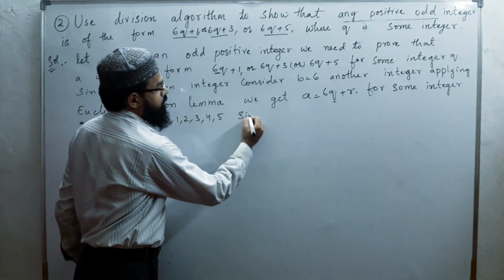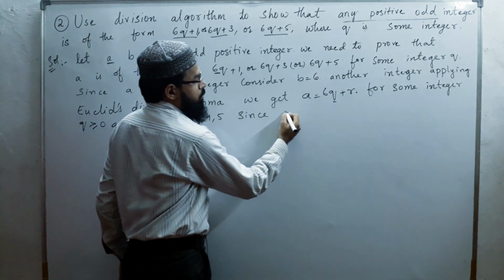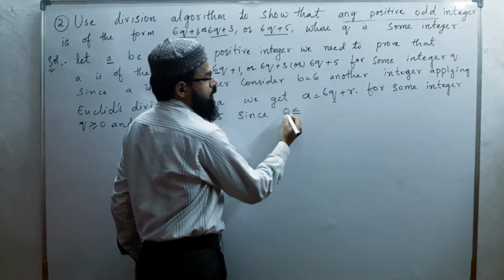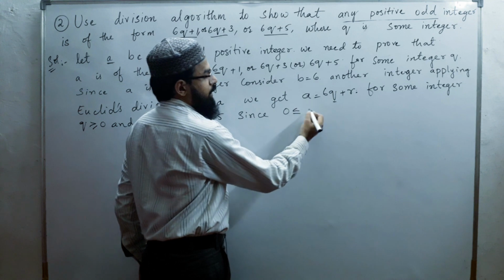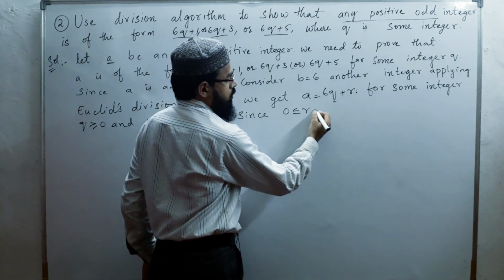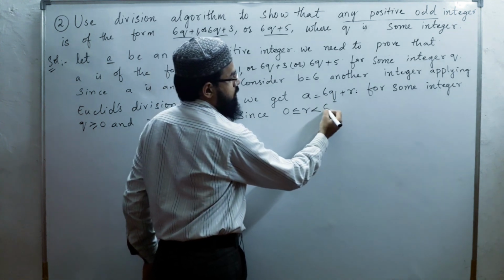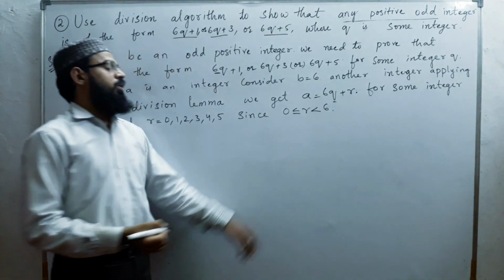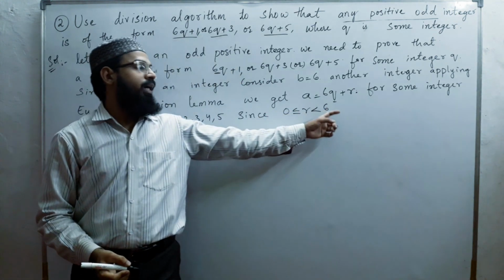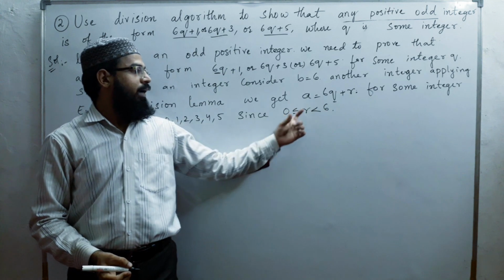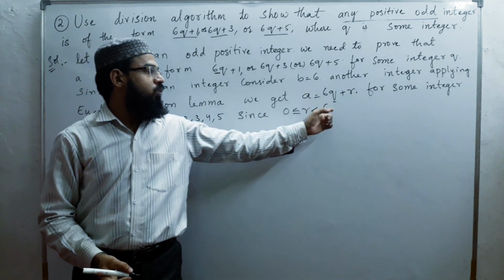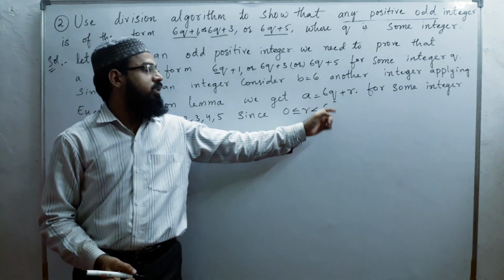Since the remainder is greater than or equal to 0 and less than 6, it lies from 0 to 5.